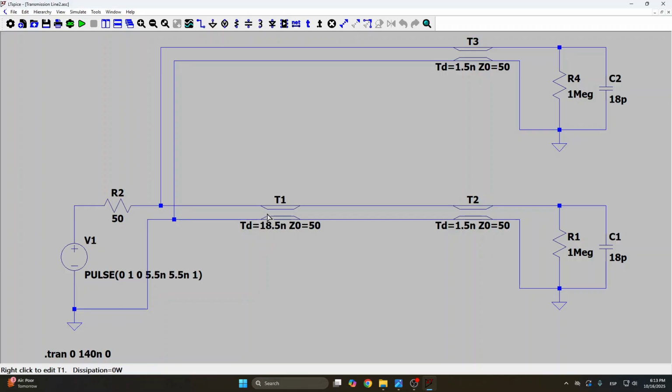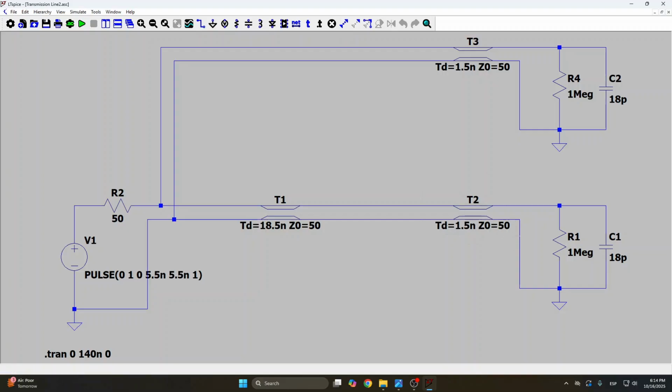I actually used a more accurate value for the transmission delay. I kept the impedance as 50 ohms, but I also added 2 more transmission lines to represent the coaxial cable segments that I'm using to connect the board BNC connectors to the oscilloscope inputs. So I estimated around 1.5 nanoseconds each.